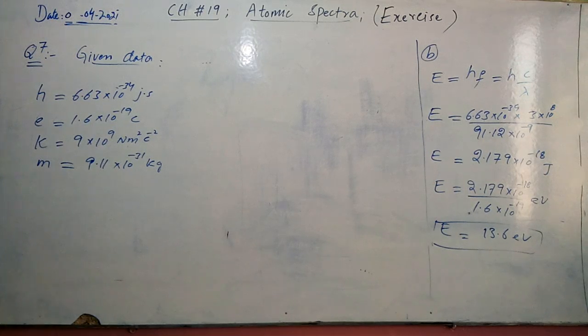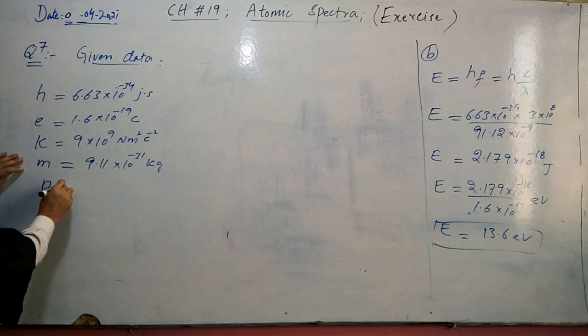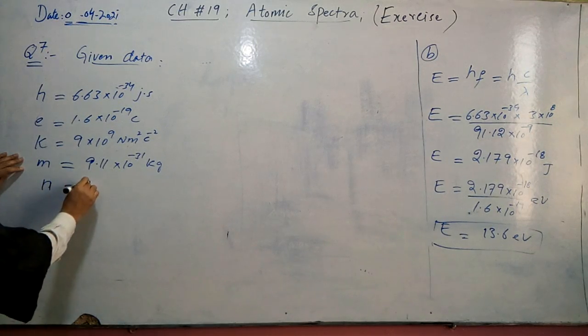And we want to calculate the radius of the innermost shell, the first shell, n equal to 1.